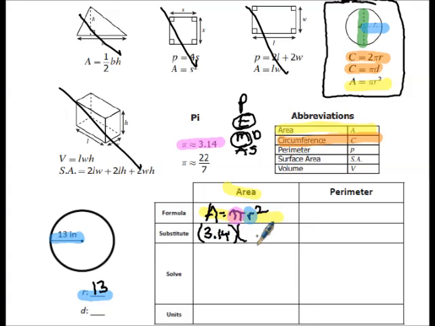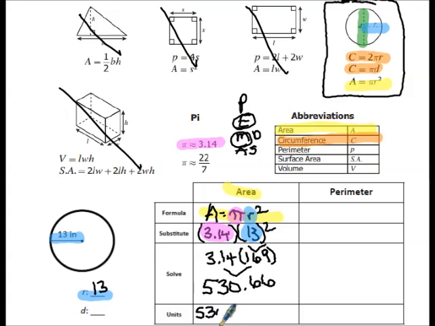So we have pi times the radius of 13 squared. So we replace pi with its approximation, and we replace the radius, or r, with its measurement. And PEMDAS says I'm going to complete the exponent first, then I'm going to multiply that answer by 3.14, or pi. And 3.14 times 169 is 530 and 66 hundredths.